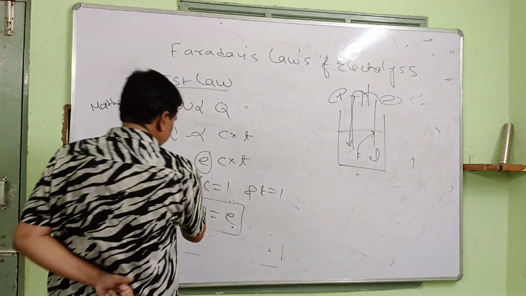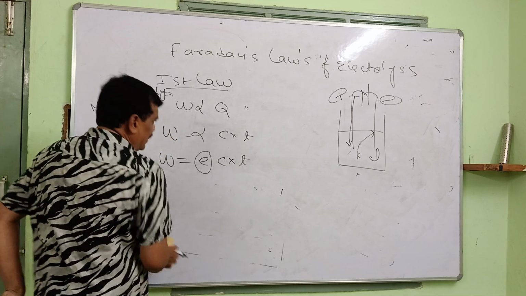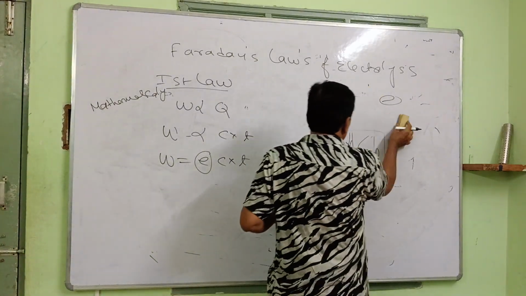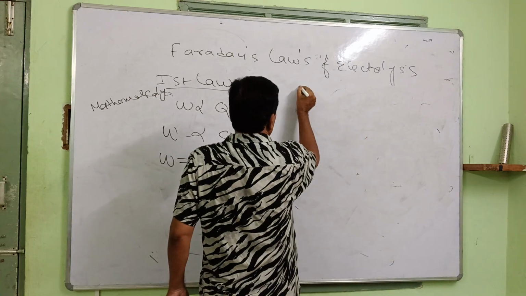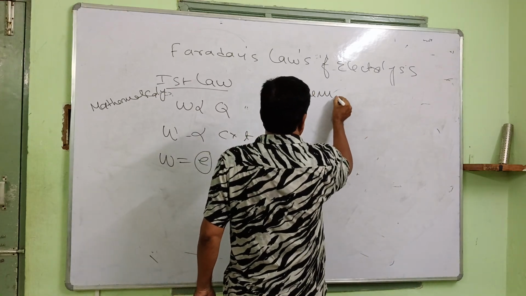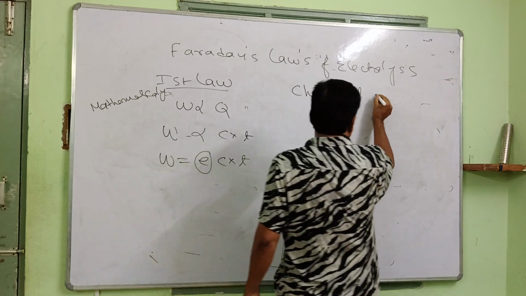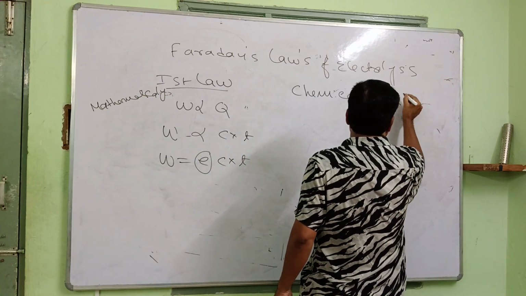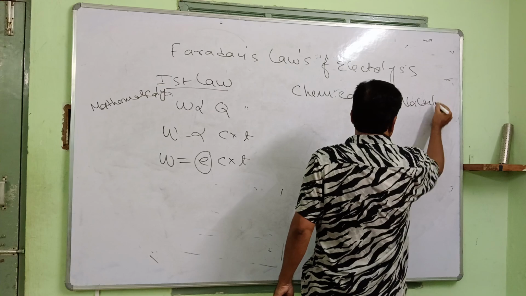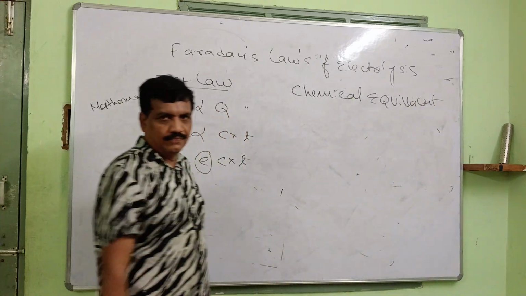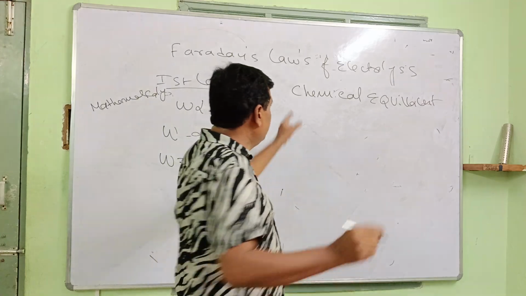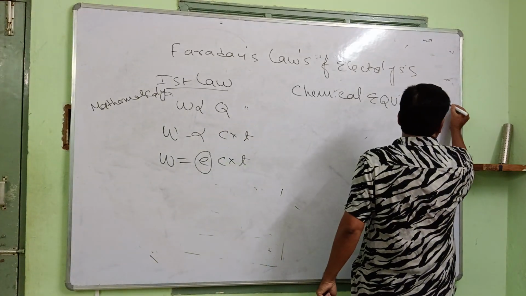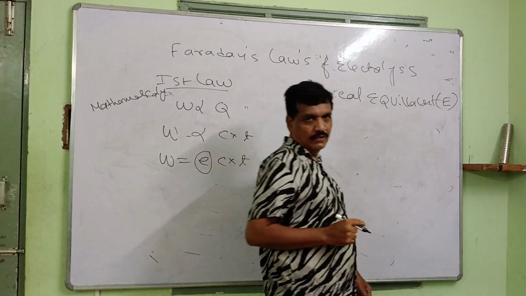Okay. Next, I will define another one: chemical equivalent. What is the chemical equivalent? Here, small e means electrochemical equivalent. The other one is capital E, which is chemical equivalent.